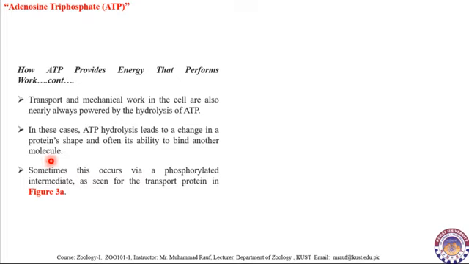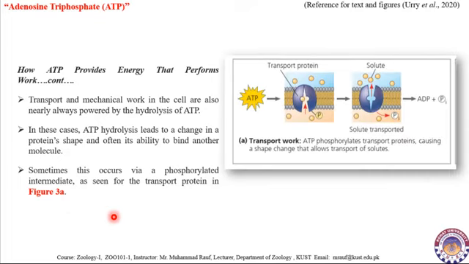Sometimes this occurs via a phosphorylated intermediate, as seen from the transport protein in figure 3A. So here you can see how the transport work takes place, meaning how the molecules from the extracellular matrix are transported inside into the cell.